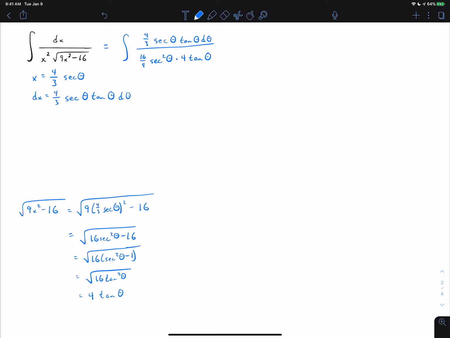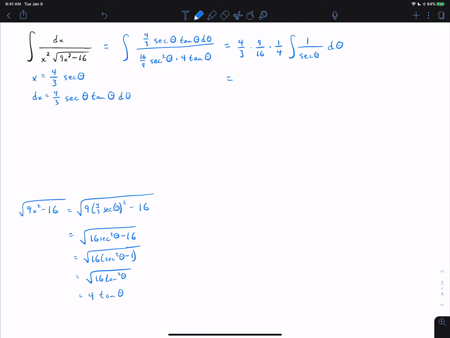Now we simplify this. The 4/3 in the numerator comes out as 4/3. The 16/9 in the denominator becomes 9/16 when we pull it out. And the 4 in the denominator is really 1/4. The tangents cancel and one of the secants cancels. So we get 1 over secant theta d theta inside the integral.